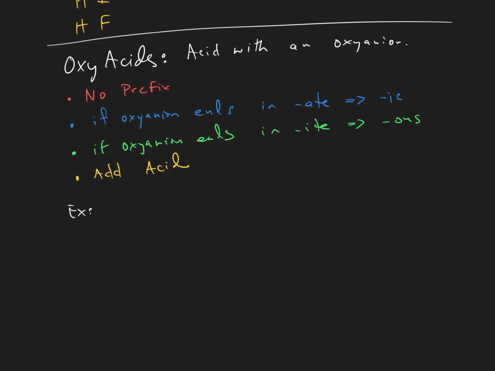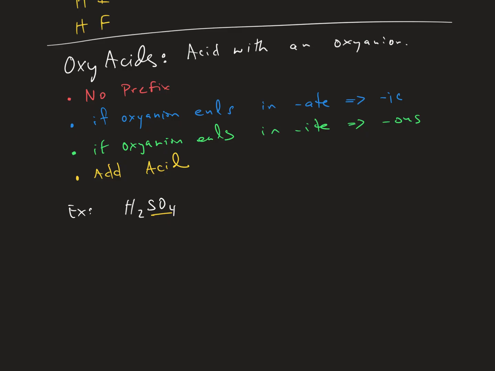Okay, so let's say we have H2SO4. We can see that this is not a binary acid because more than 2 elements, right? Okay, so we look at the oxyanion, which is SO4. What's the charge of SO4? 2 minus.